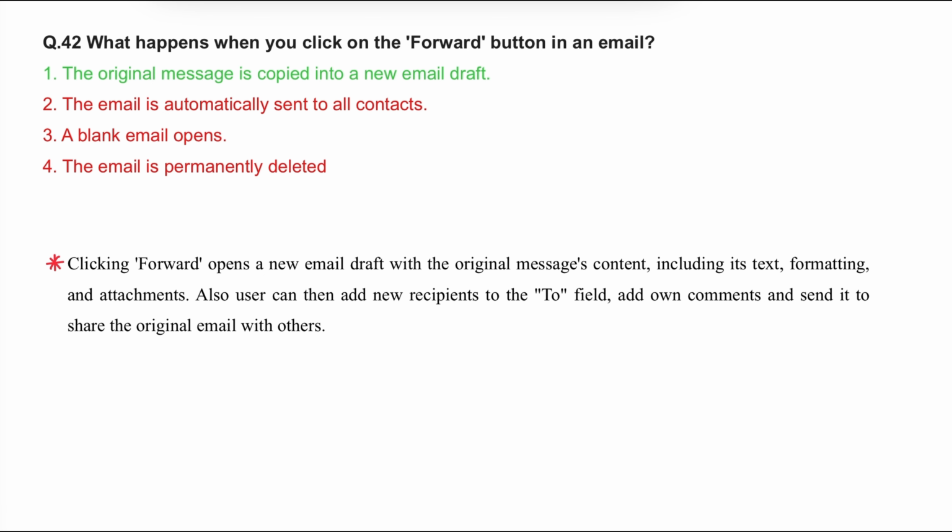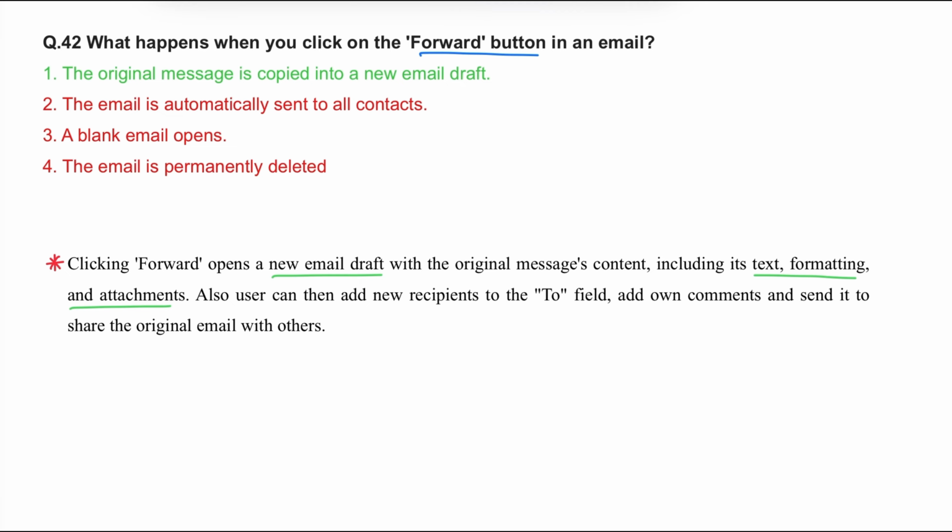Question number 42. What happens when you click on the forward button in an email? Clicking forward opens a new email draft with the original message content, including its text, formatting, and attachments.